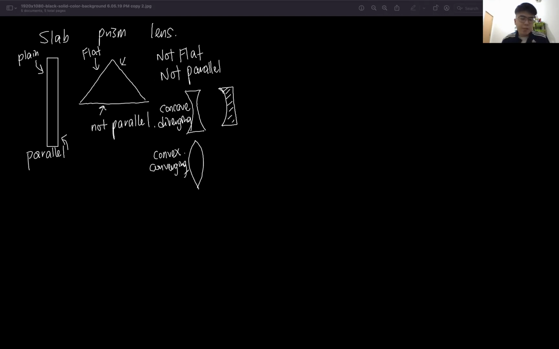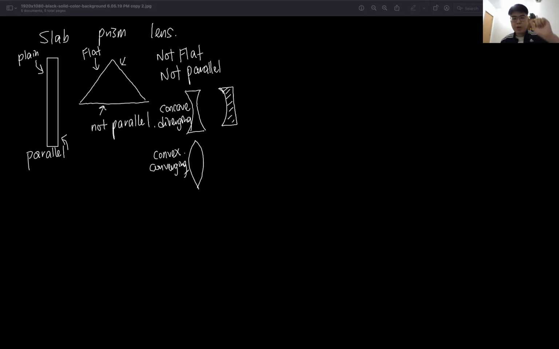Converging is to focus the light ray. So the property of a convex lens is to focus light onto a point. No matter what direction the light is coming in, they tend to focus the light ray. So if the light ray is spreading out like this, it decreases the spread by deflecting inward. That is also focus.